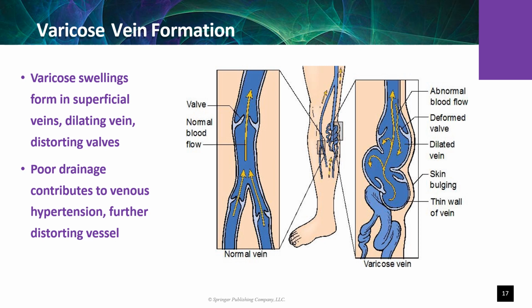Veins have bicuspid valves at regular intervals that close behind the blood flowing upward to the vena cava. Competent valves prevent reflux toward the feet. Risk factors for varicose veins include occupations that involve a lot of time standing, family history, multiple pregnancies, obesity, and congenital valve dysfunction.